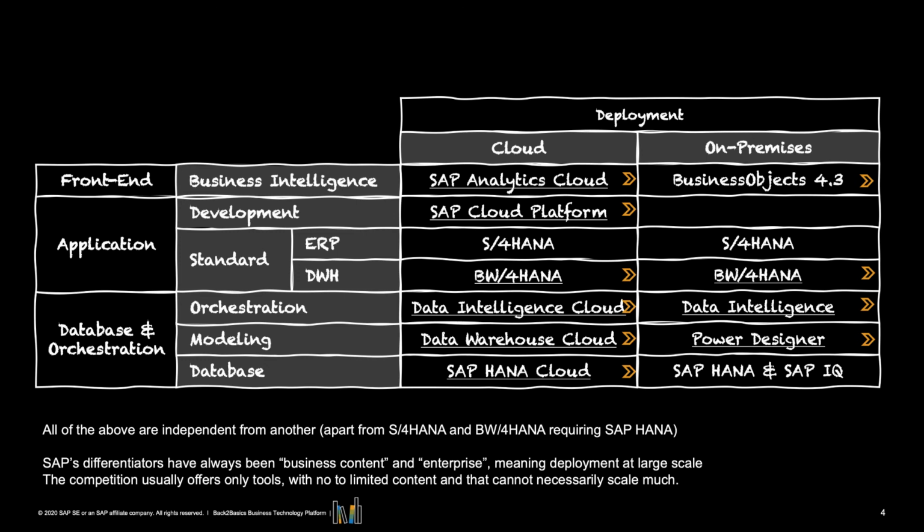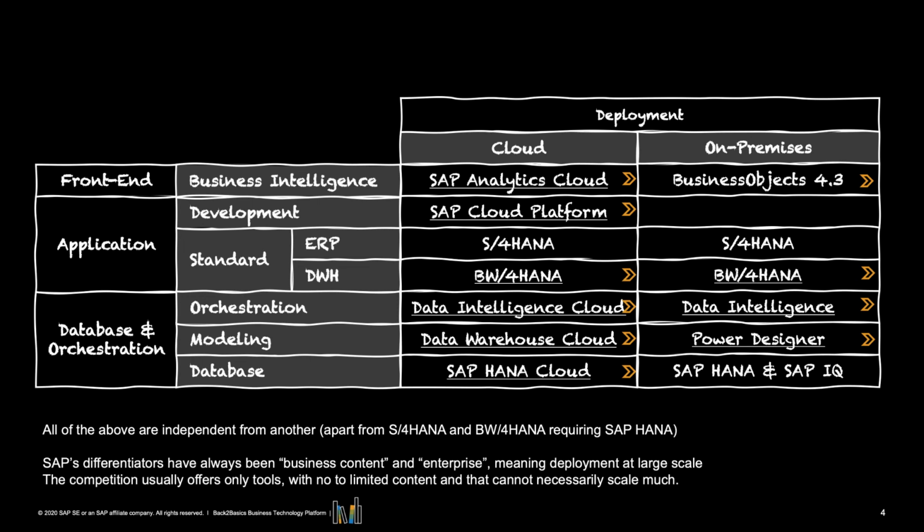Refer back to episode 9a and 9b. Note as well that all the above solutions are completely independent from one another. Apart from S/4HANA and BW4HANA, which both require HANA underneath, all of the others can be used completely separately.